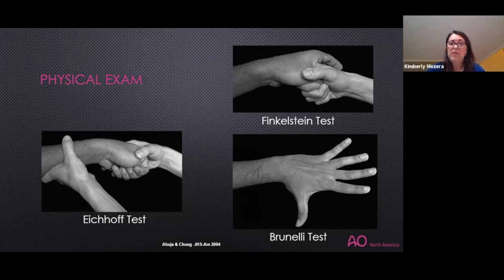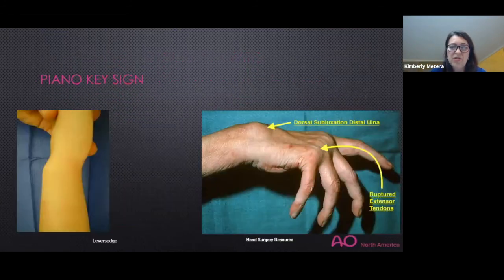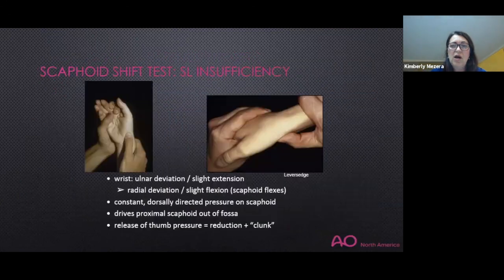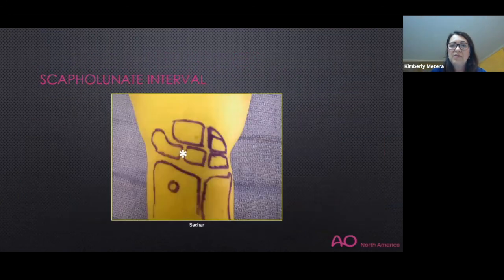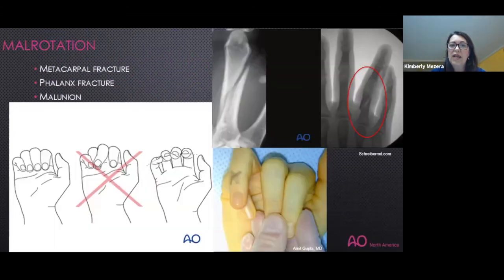So maybe, Lauren, if you could, it might be interesting to go back to your palmar slide. I think you had a nice slide with the clinical photo of the palm, and we have just a few minutes to talk about some surgical incisions and how we can use our landmarks.